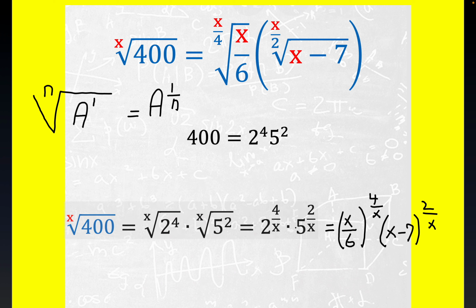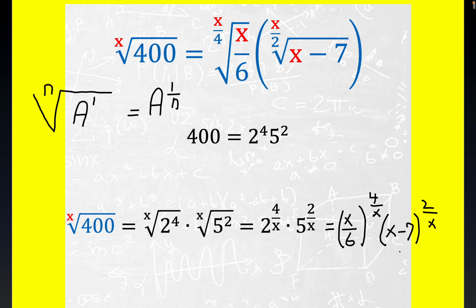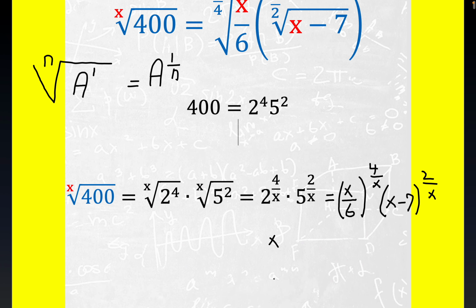Notice that we have a 4 over x here, a 4 over x here, a 2 over x here, a 2 over x here, right? So by inspection, we know that x over 6 has to equal 2.